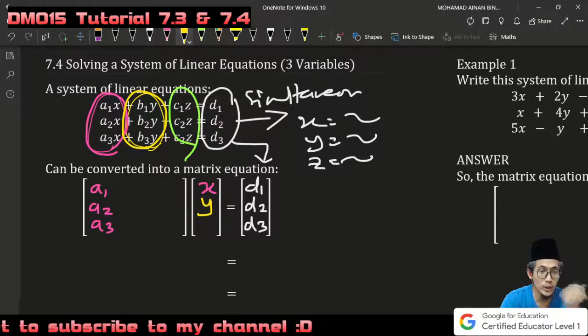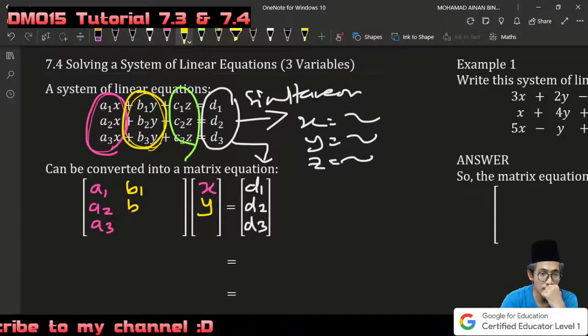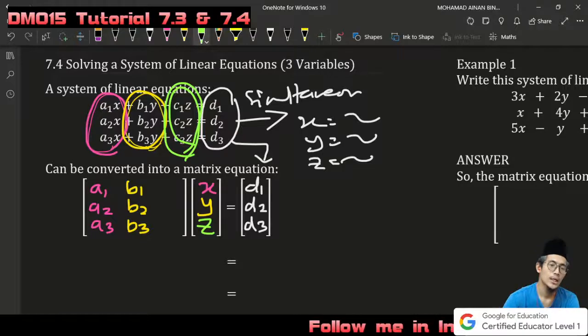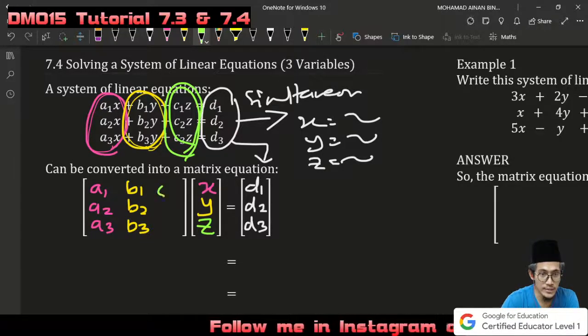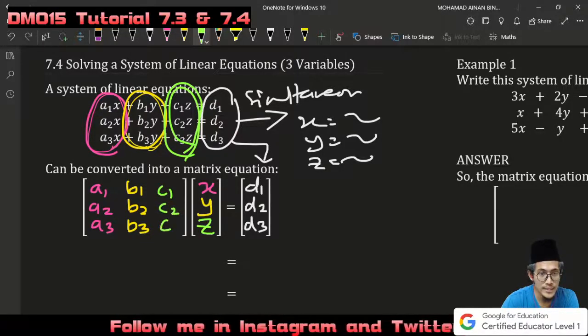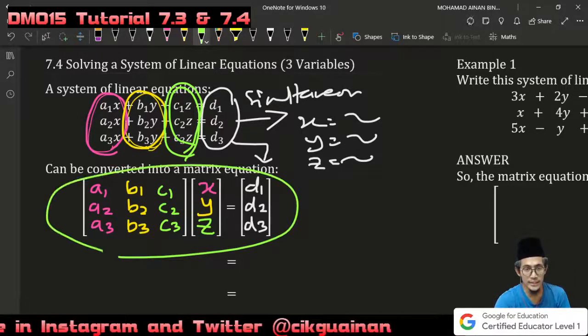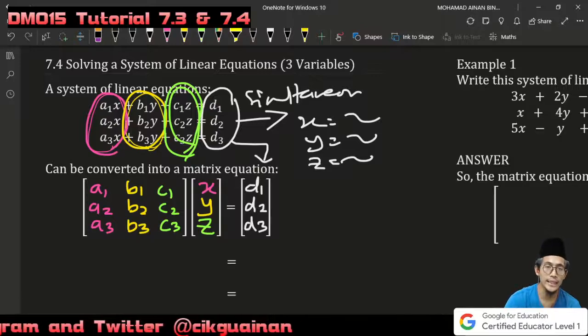Okay, so what are the coefficient of y? B1, B2, B3. Okay, and then next, the column of z. The column of z have coefficient of z, which is C1, C2, C3. Okay. So this is the matrix equation that we can get.